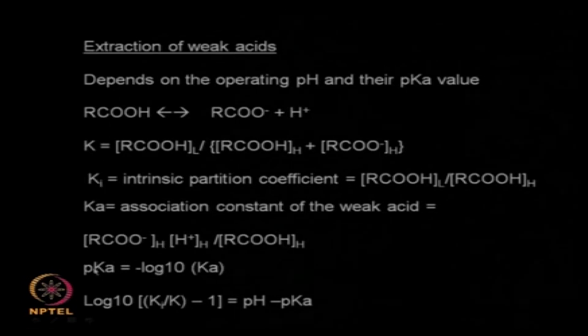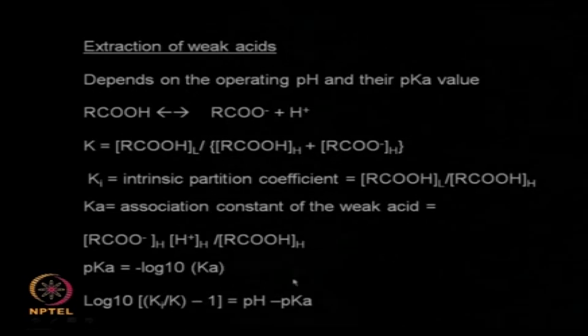So now this pKa, Ki, K are all interrelated in this form: logarithm to the base 10 of (Ki by K minus 1) is equal to pH minus pKa. So pH has a very strong effect on these terms here, because pH affects the dissociation of the weak acid to proton.